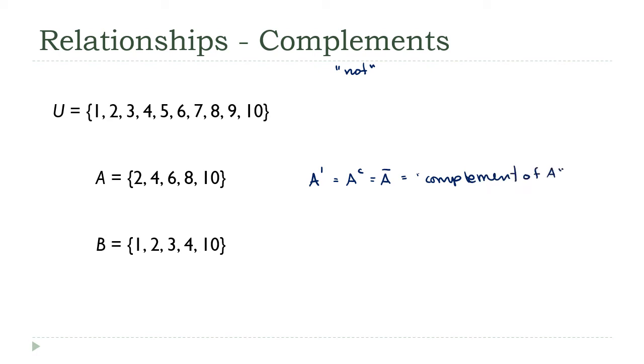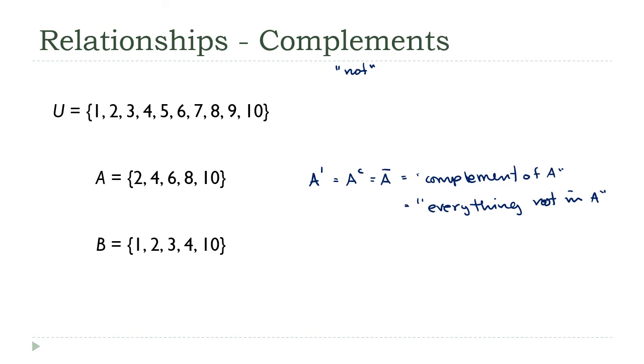and in practical terms, this means everything not in A. Well, to talk about things that aren't in A, first I have to know what constitutes everything, right? And that's where this idea of the universal set comes in. The universal set tells me what everything is.